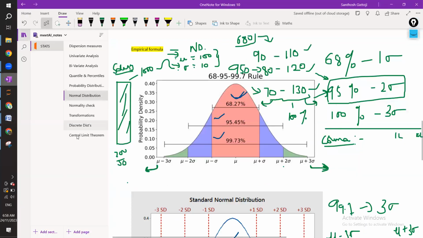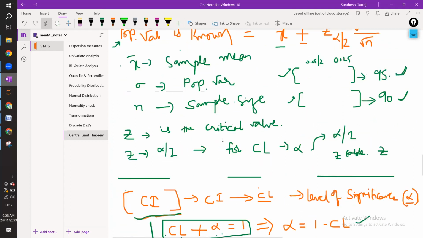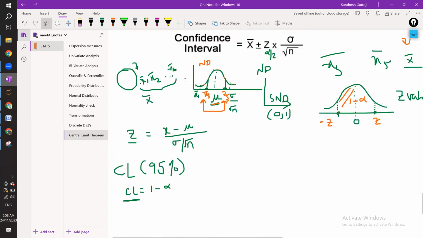Agree? So like that only, we are trying to convert this normal distribution into a standard normal distribution, so that x3 bar, x2 bar, all x bars will have their corresponding z values.